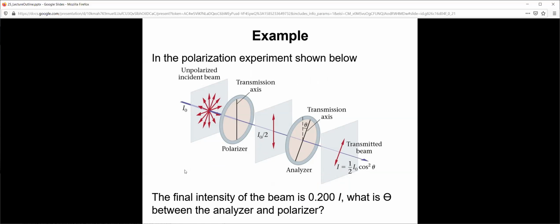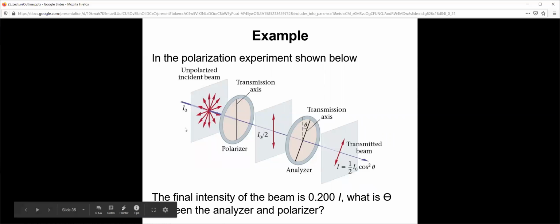So here's an example for everyone. Let's say you have an unpolarized incident beam coming in, I naught, shown there on the left. It goes through a polarizer and an analyzer, and it comes out at 0.2 times its initial intensity.